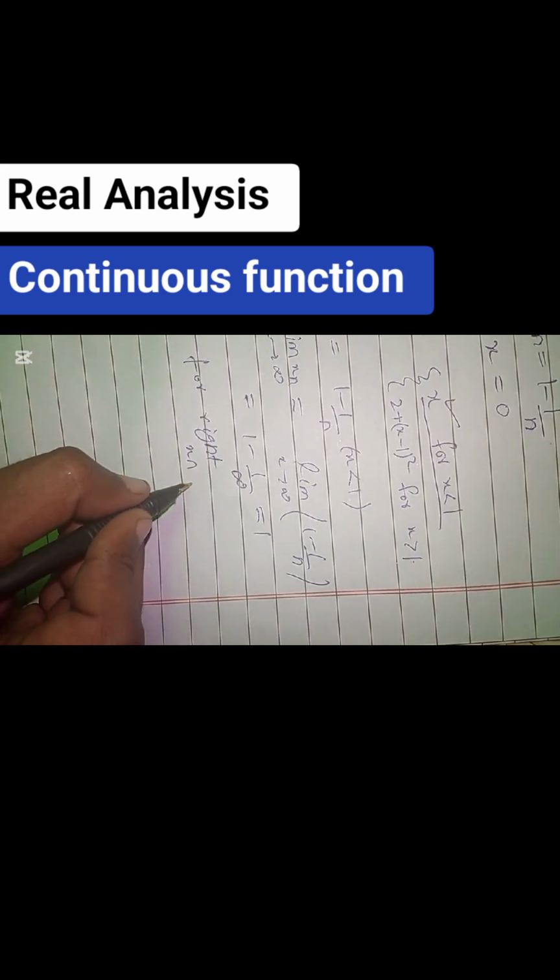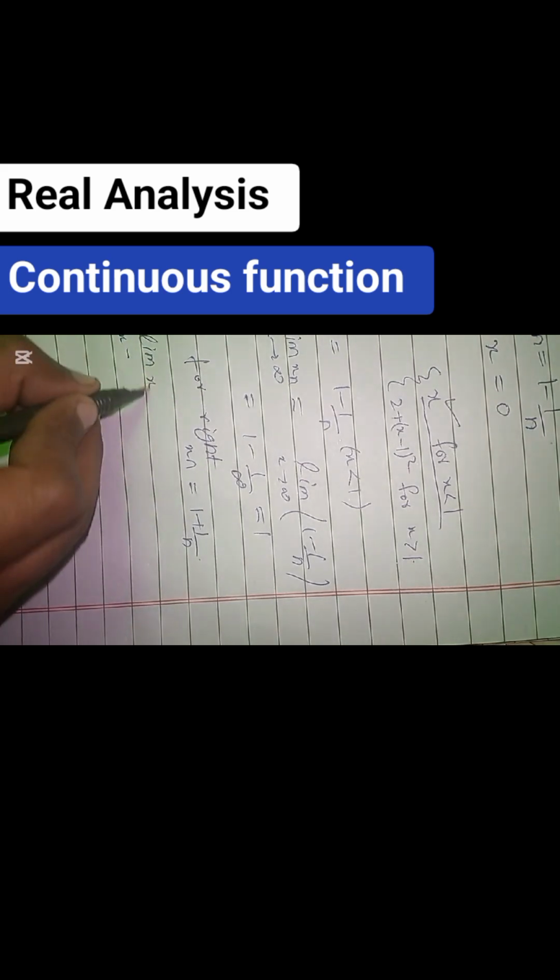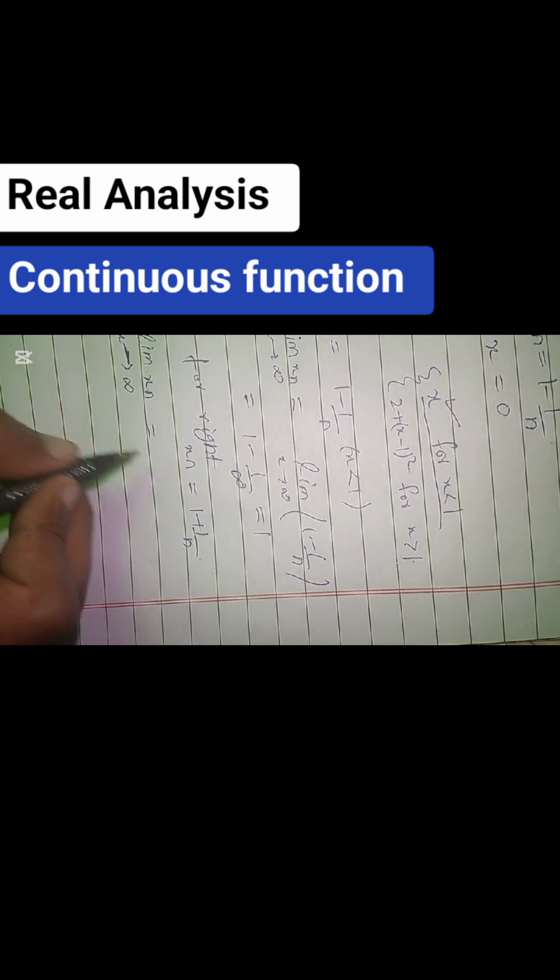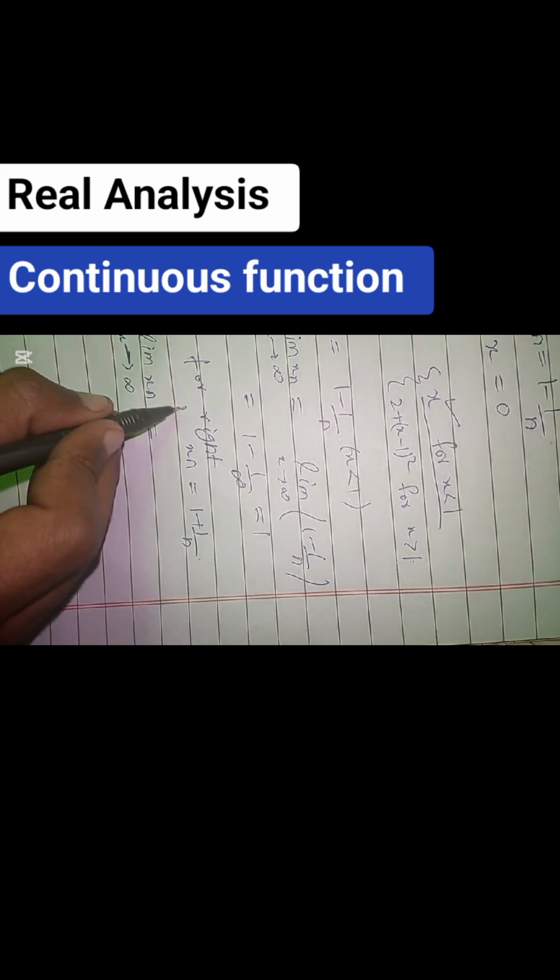Now for the right limit we have put xn. So what value was it equal to? It was xn = 1 + 1/n, and we take the limit as n approaches infinity.